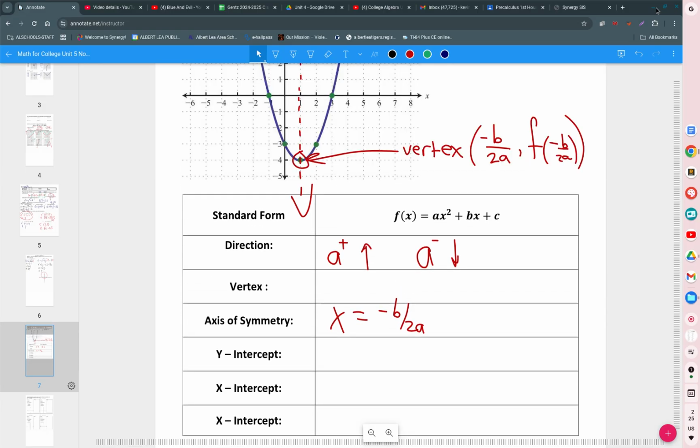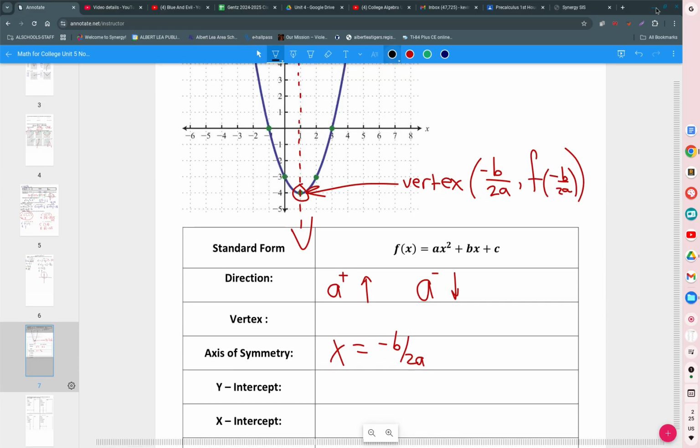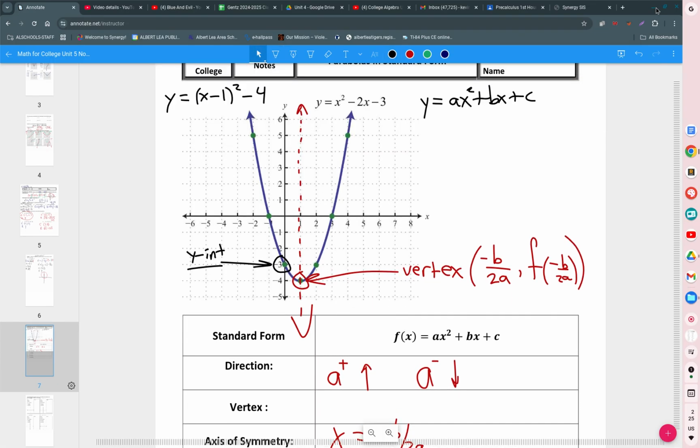The y-intercept is where it crosses the y-axis. Notice this one crosses at negative 3. And that's because if we want to find the y-intercept, we plug in 0 for x.